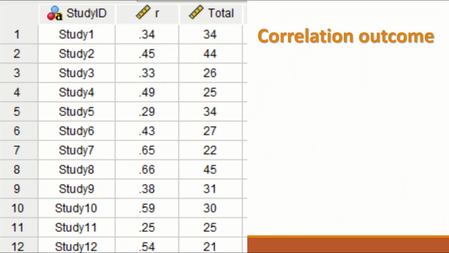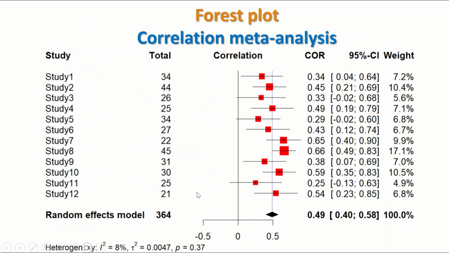If the effect size is based on a correlation coefficient, then the outcome should be continuous, and this data here I placed for 12 studies. For each study the correlation coefficient is given with the total number of participants.